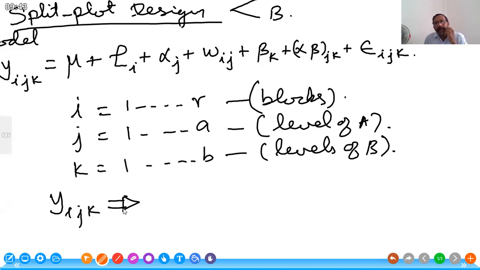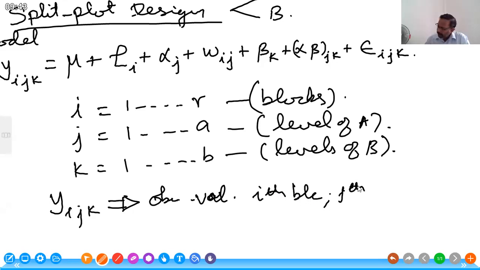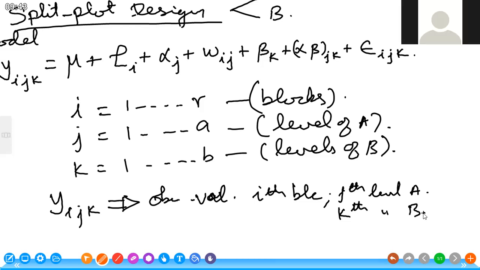So we could say observed value of ith block, jth level of factor A, and kth level of factor B. You'll have to include all this: ith block, jth level of factor A, kth level of factor B, and so on.